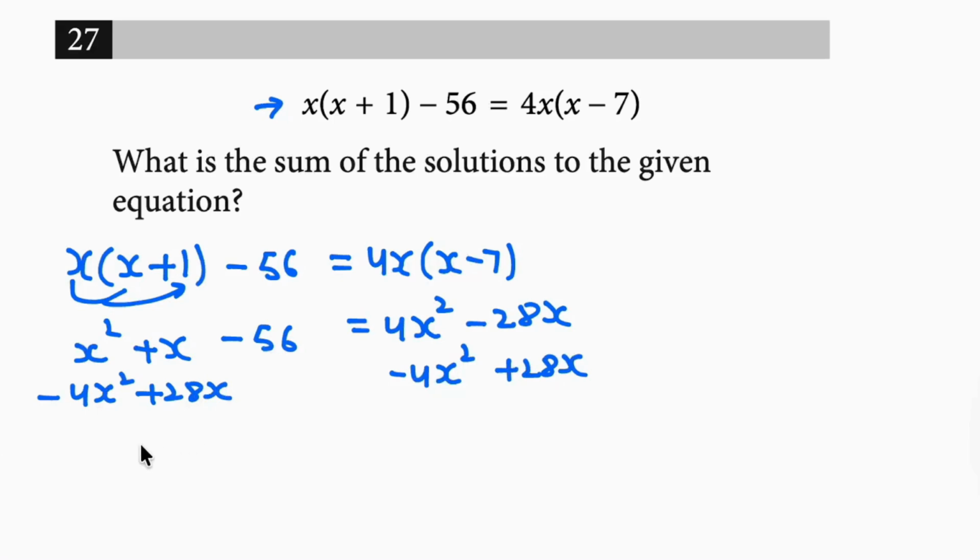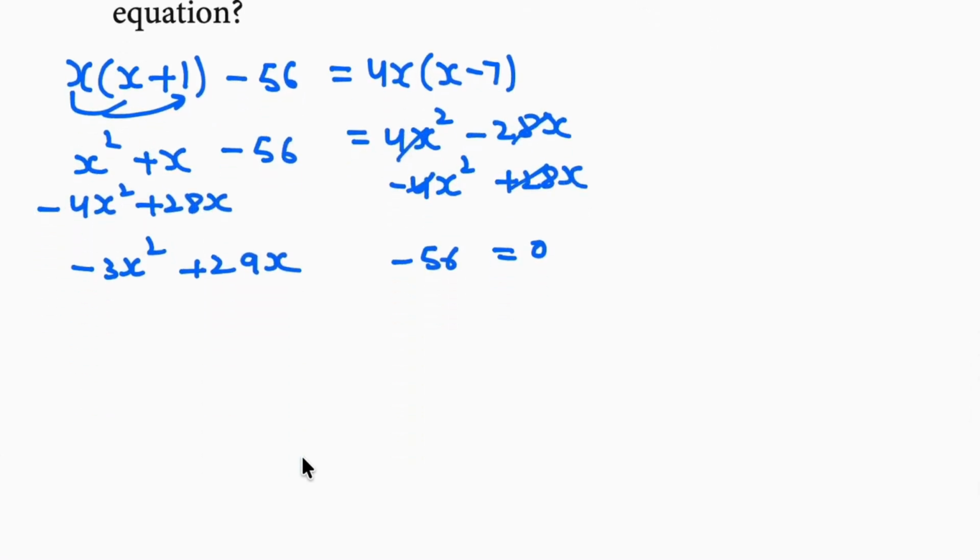So that is cancelled, is equal to 0, minus 56 minus 3x squared or negative 3x squared plus 29x minus 59 is equal to 0. Let's multiply the whole equation by negative 1.